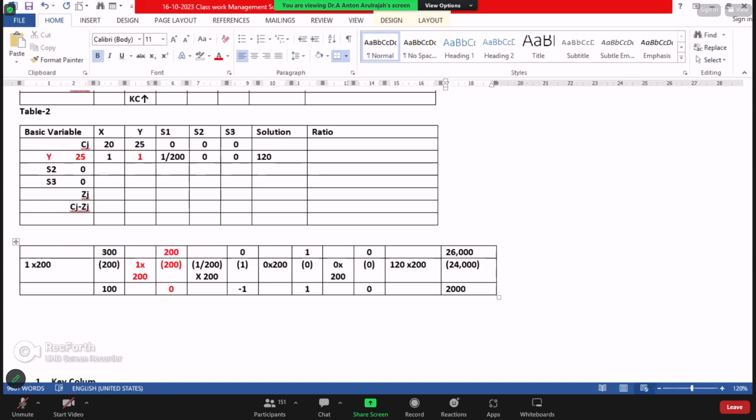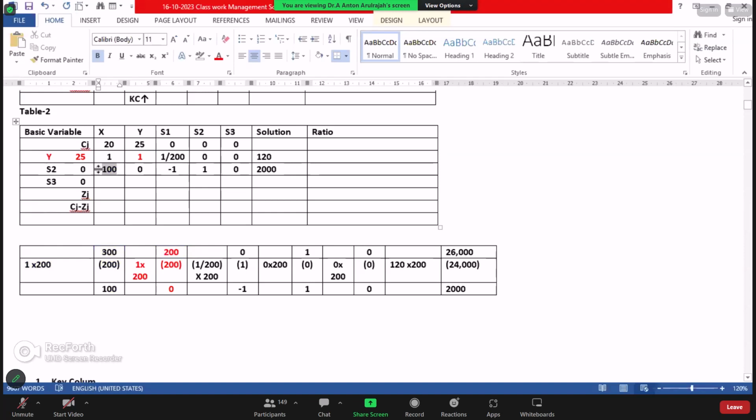These are the values that will take place here. This place should be 100. This place should be 0. This place should be minus 1. Then this is 1, this is 1, this is 0, and this is 2,000.